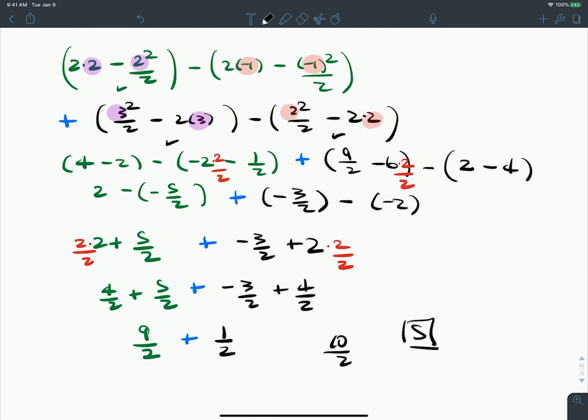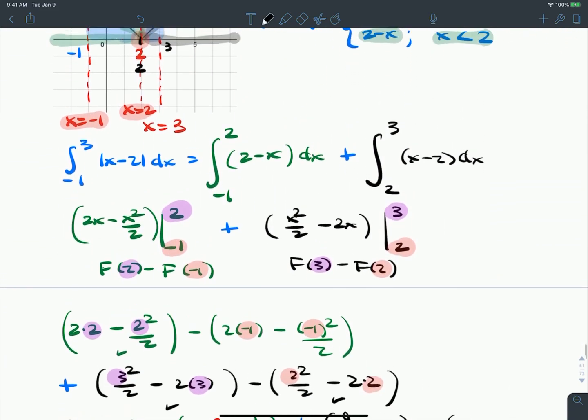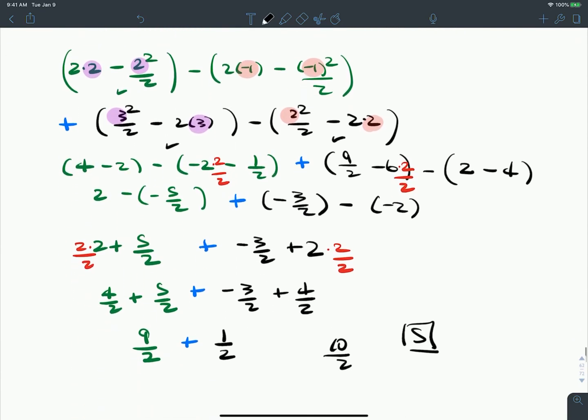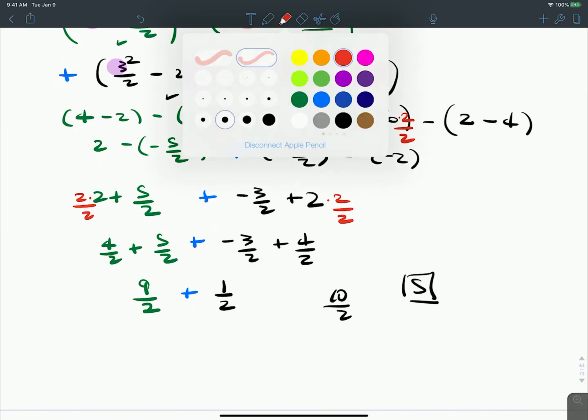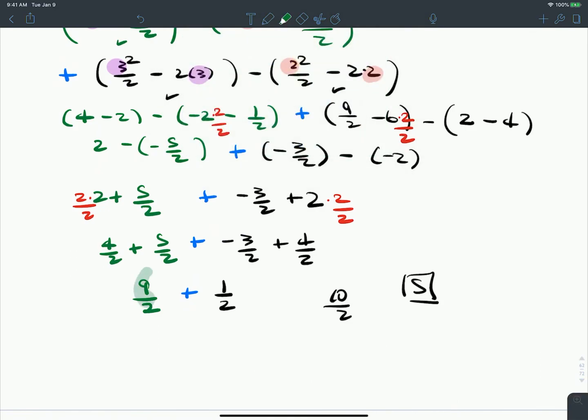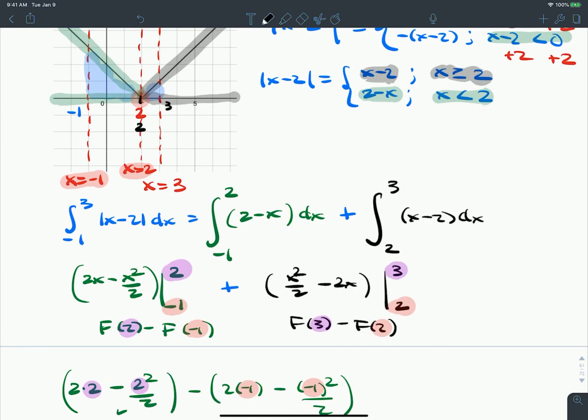So you're going to have to do this arithmetic here. So this is the total area. I didn't separate them and get the individual values. If I did, let's note that in green here, we can think of it this way. 9/2. This will be the left portion here.